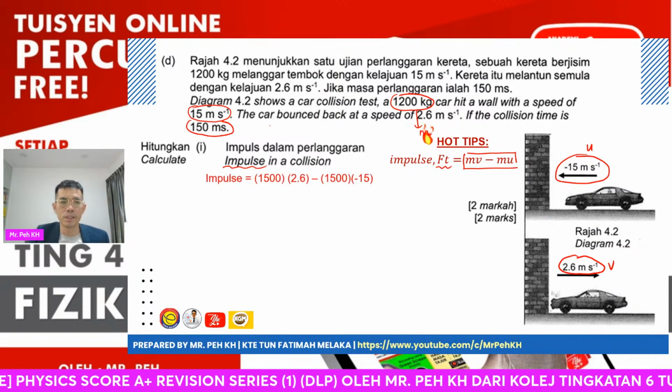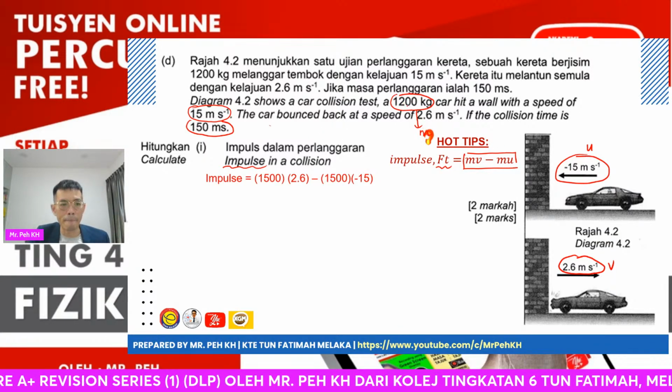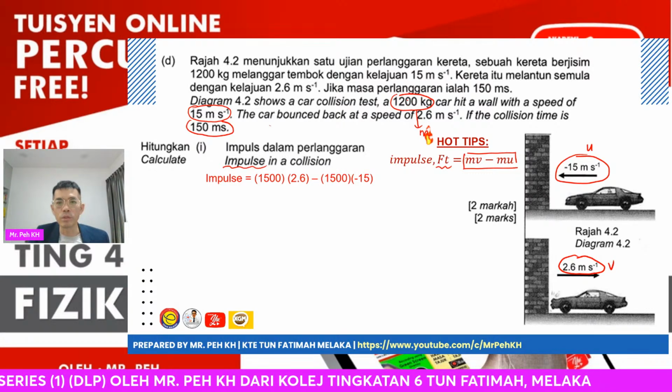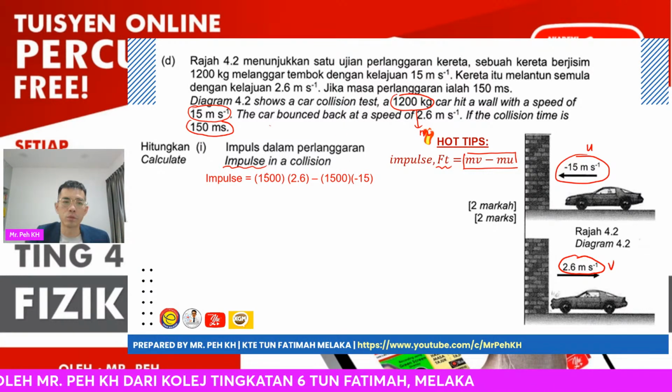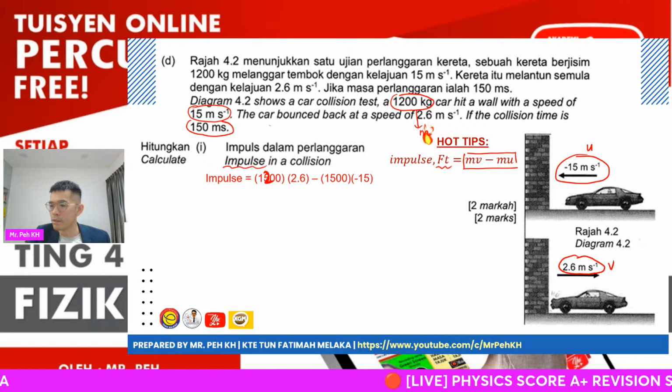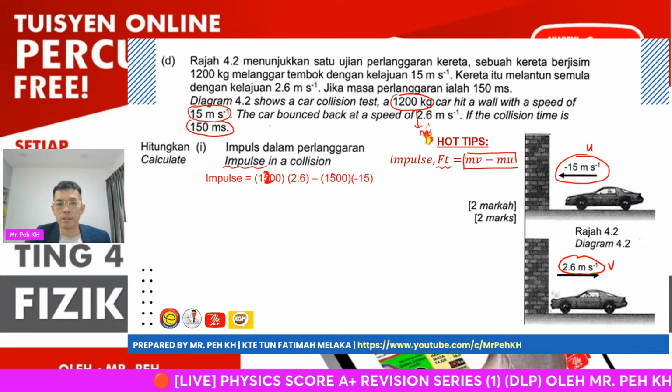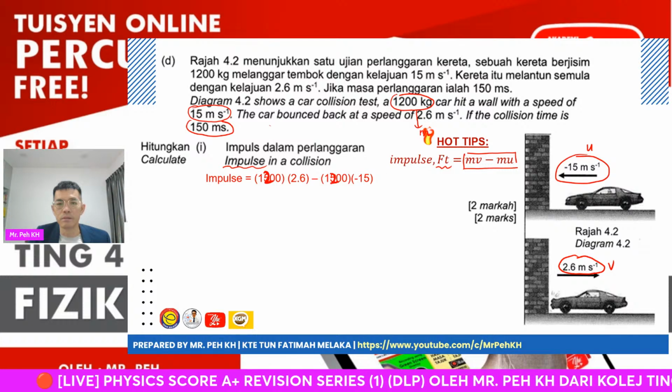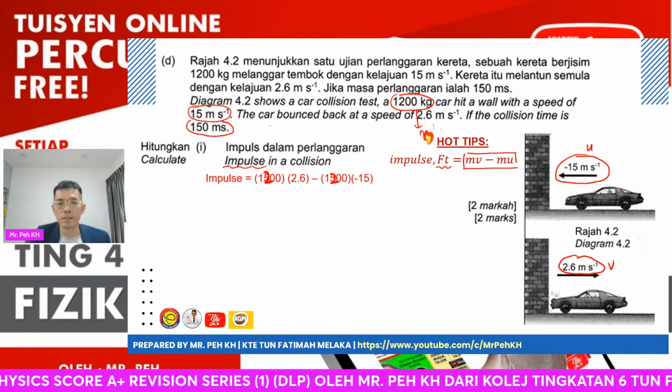As I mentioned already, the M here is 1,200, multiplied by 2.6. Then the U here is 1,200 also.